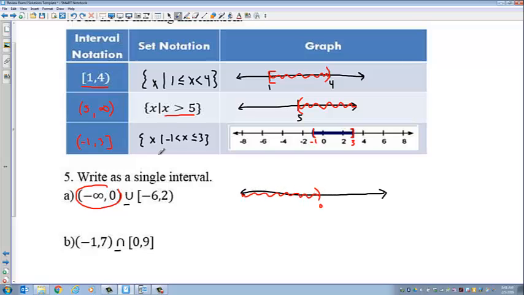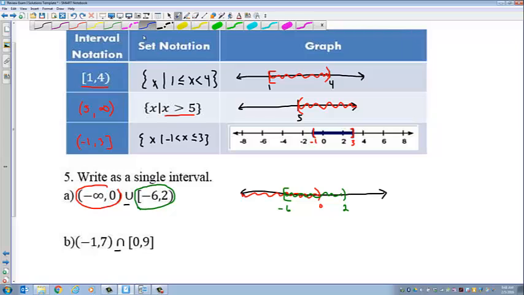So there's one interval. And then you're going to take the other interval, which we'll do in green. So from -6 to 2, and you're going to include -6. So -6 is right here, all the way to 2, which is to the right of 0. And we'll shade that in green. And union means just combine them. So you just put them all together. Whatever has a color on it is going to be in your answer.